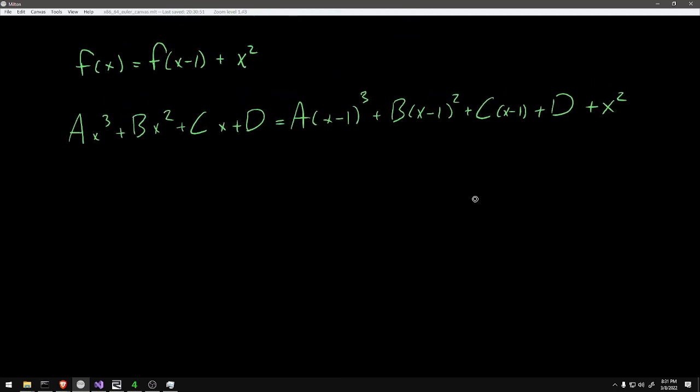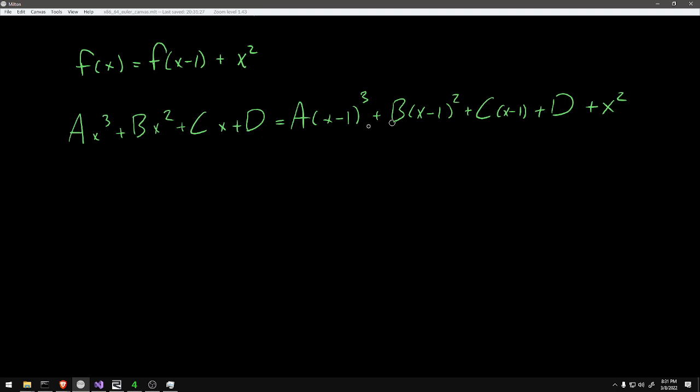So from there, what do I want to do? Well, I want to expand out these binomials here and here so that I can rearrange things into just plain terms of x cubeds, x squareds, x's, and constants.